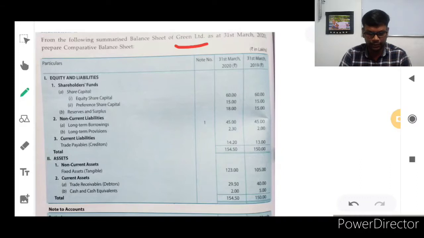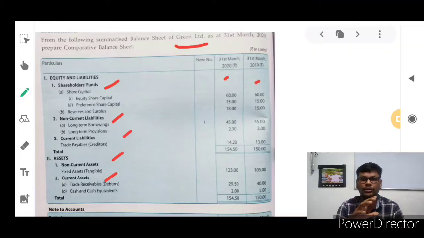In particulars, under equity and liabilities, they have given shareholders' funds, non-current liabilities and current liabilities on the liability side. At the same time, on the asset side, non-current assets and current assets, all the information is available. They have given 2020 as the current year and 2019 as the previous year. So we are going to compare the current year with the previous year, isn't it?